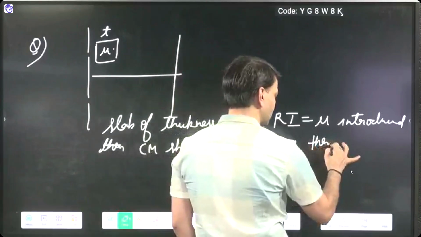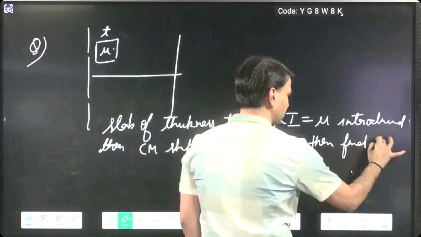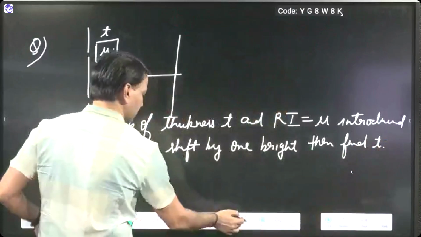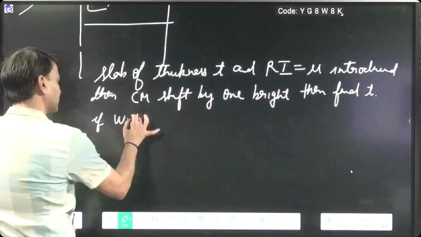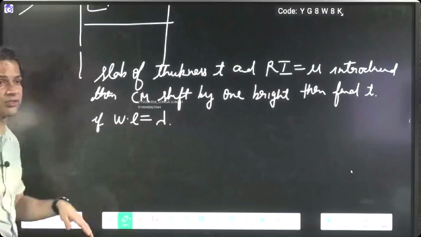Then find T if the wavelength is equal to lambda. Tell fast what is the answer.